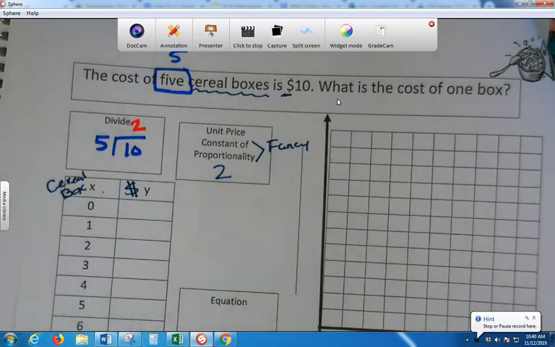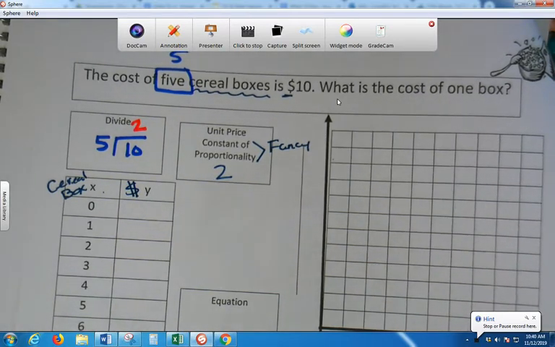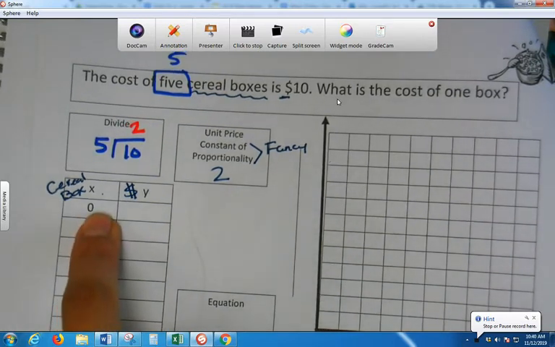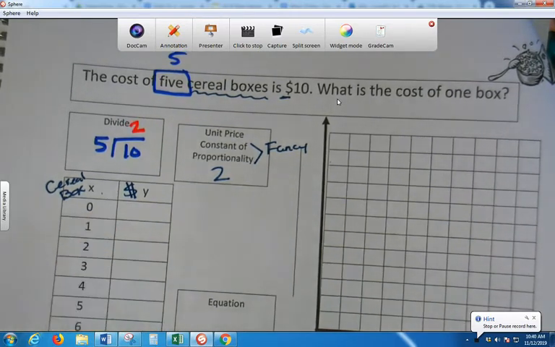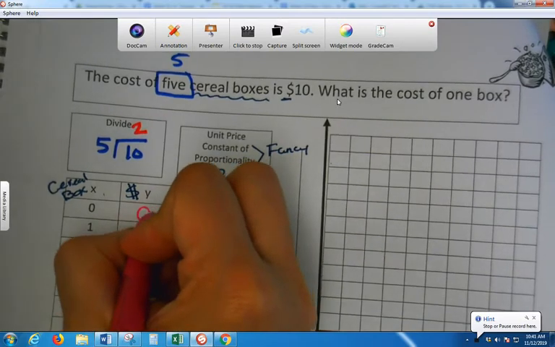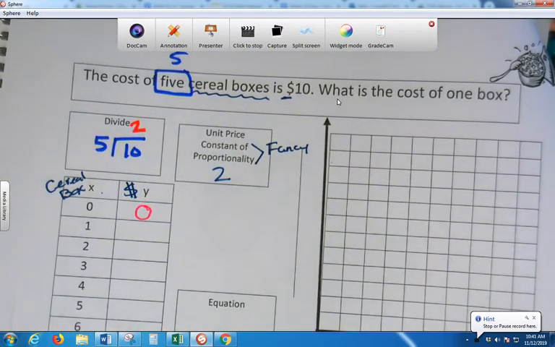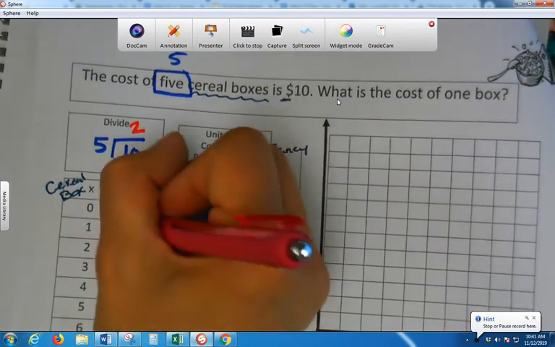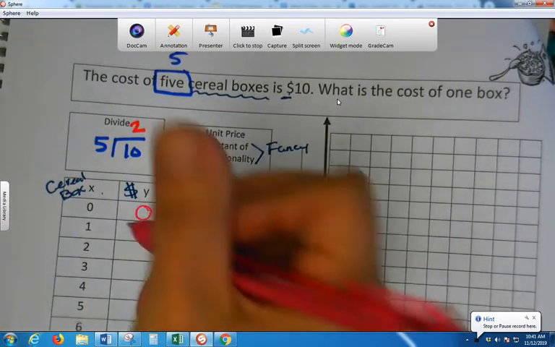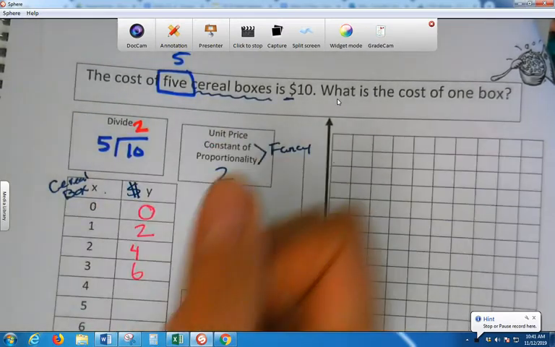So I'm going to ask you the hardest question. If I buy 0 boxes, how much is that going to cost me? $0. 1 box? $2. 2 boxes? 3? What am I counting by? 2. Go for it.